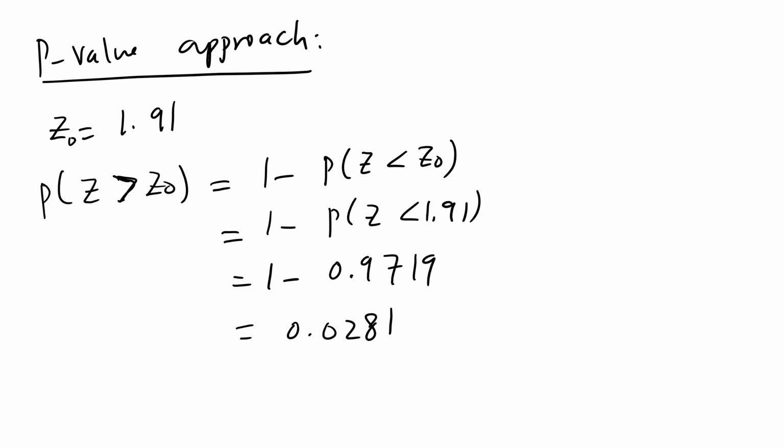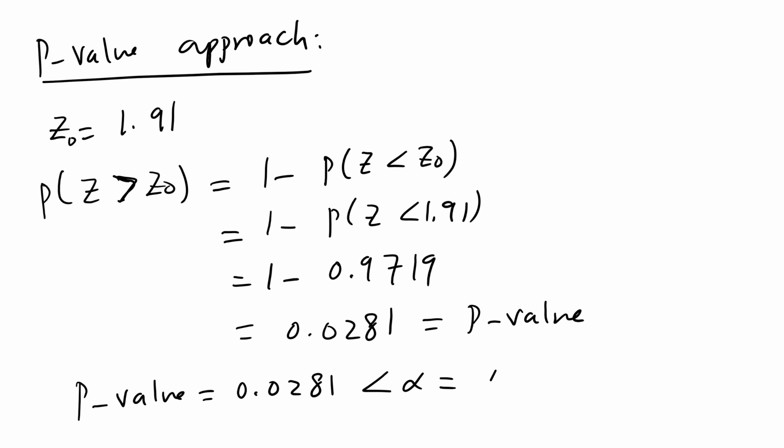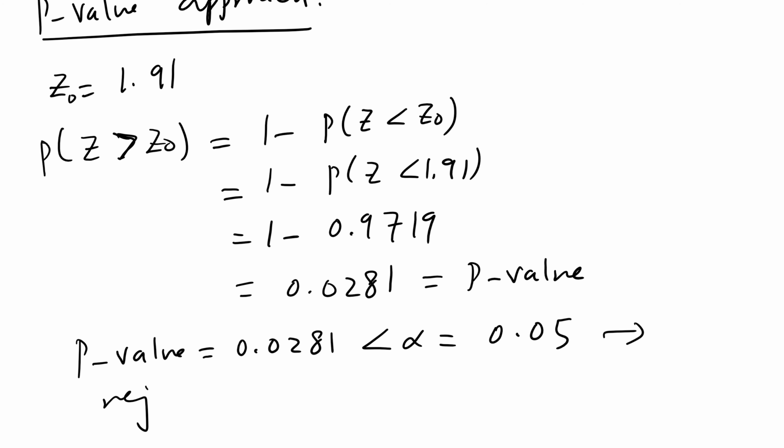Then we compare the p-value and alpha. Notice that the p-value, which is 0.0281, is less than alpha, which is 0.05. So we reject the null hypothesis.